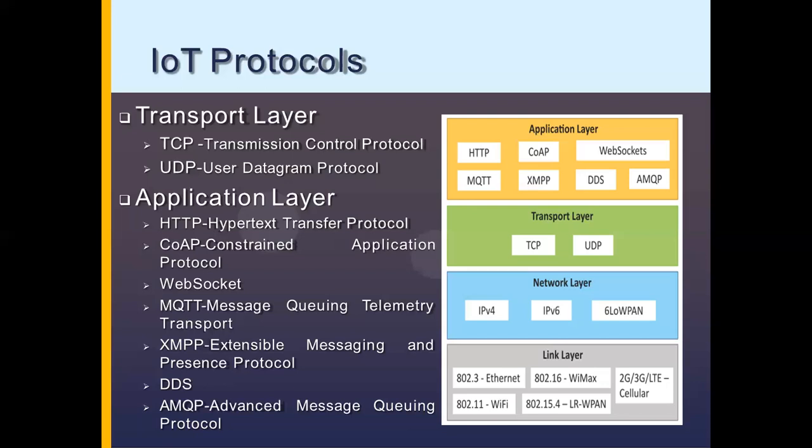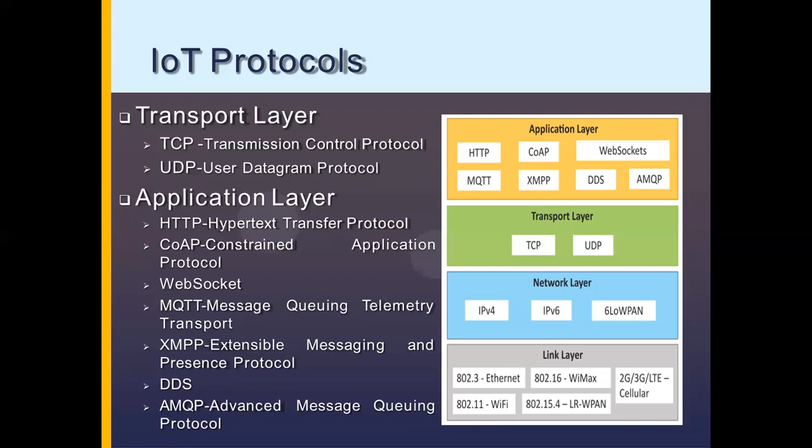Coming to the application layer, we have HTTP, CoAP, WebSocket, MQTT, XMPP, DDS, and AMQP. HTTP is Hypertext Transfer Protocol. CoAP is Constrained Application Protocol.